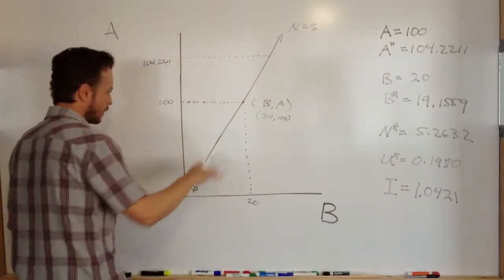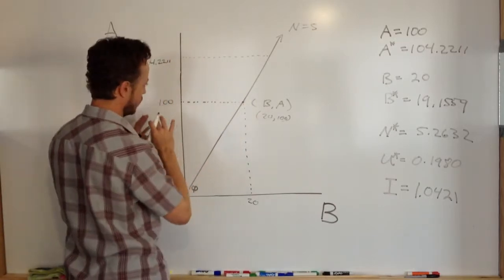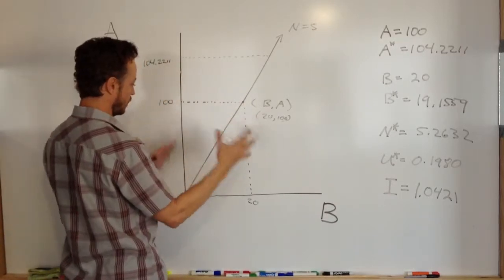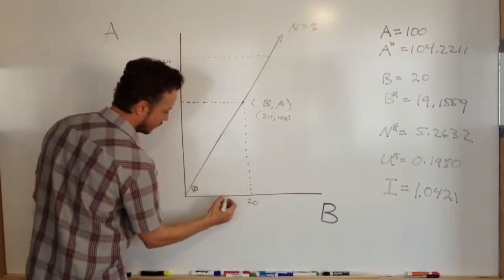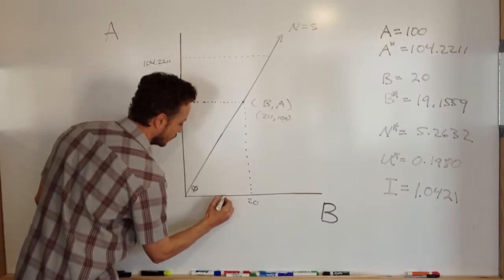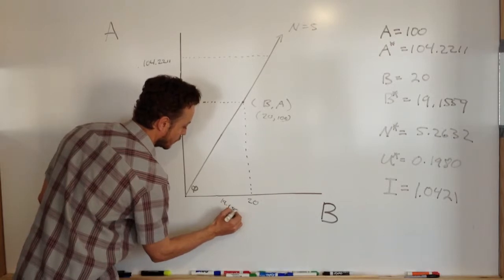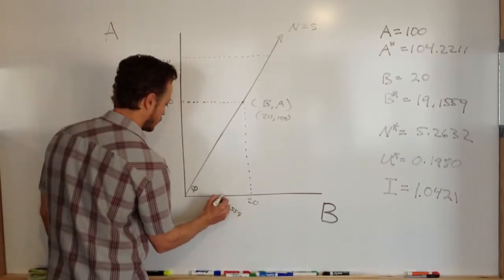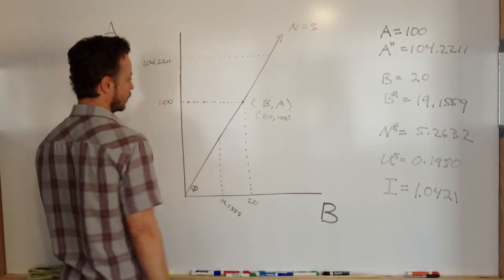And so at noon, relative to A, or I'm sorry, okay, and then the other point, before we go there, the other point would be B star, which we found to be 19.1559, something like this.